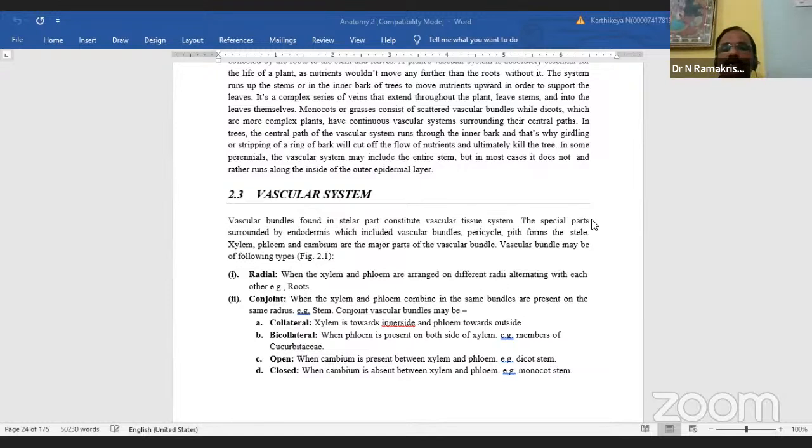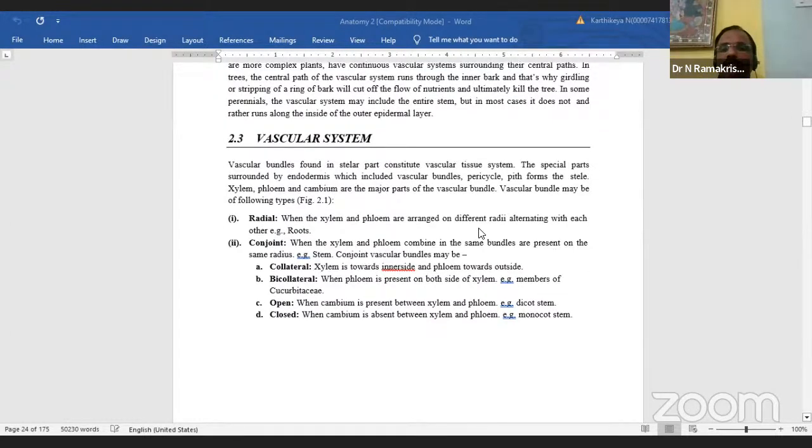Vascular bundles are of different types: radial and conjoint. There are medullary bundles and cortical bundles as well. What is the meaning of radial?